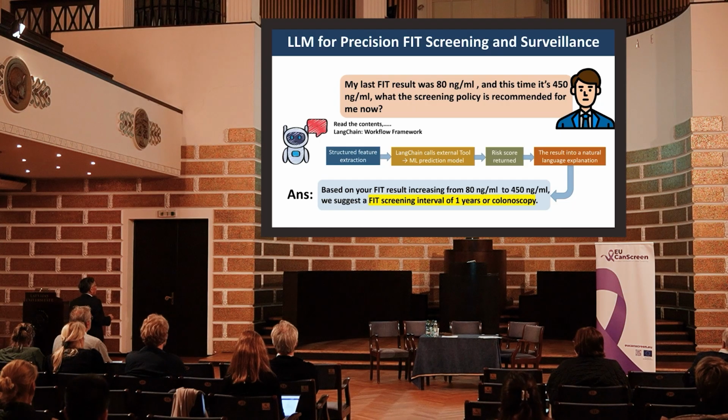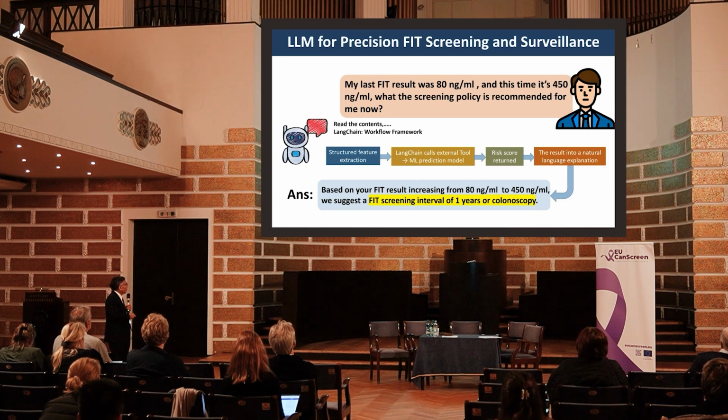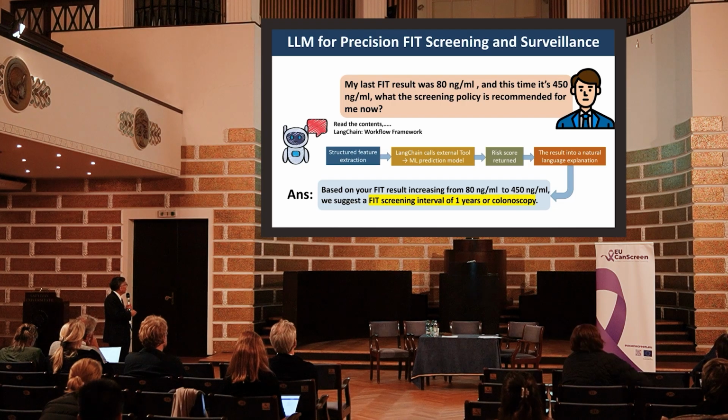And finally, they can answer the result by using your precision interval strategies and suggest to these persons, based on this dynamical relationship. You can suggest the 1 year screening interval after this result, or the colonoscopy.